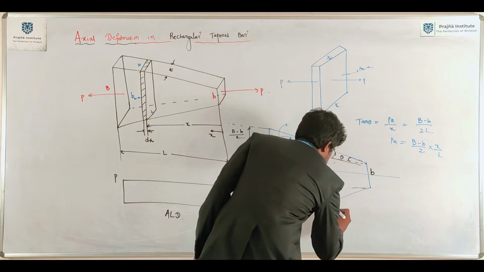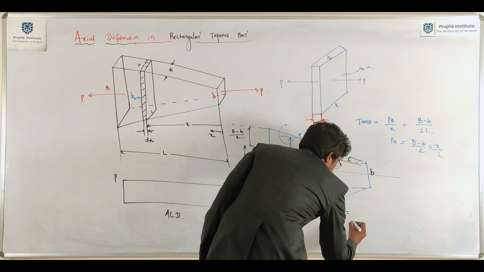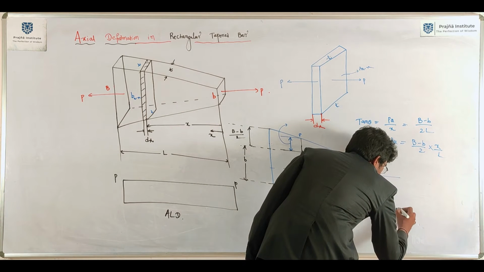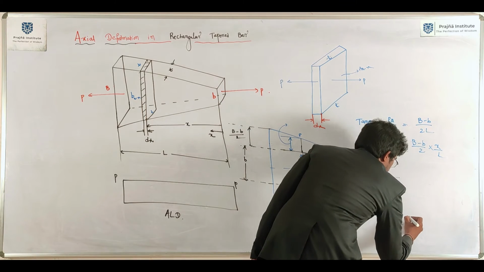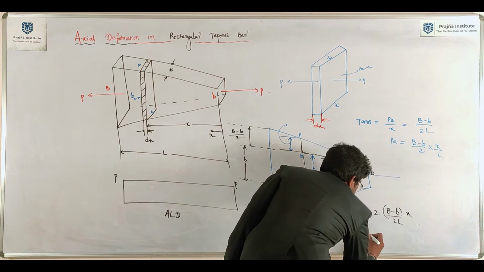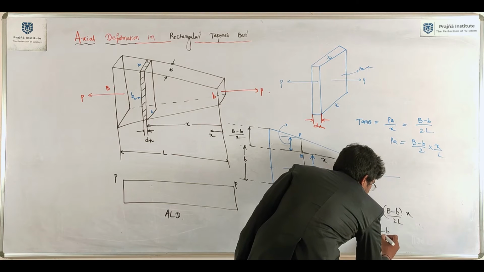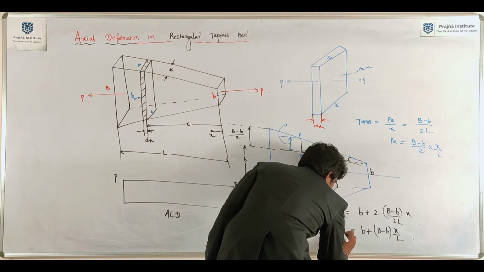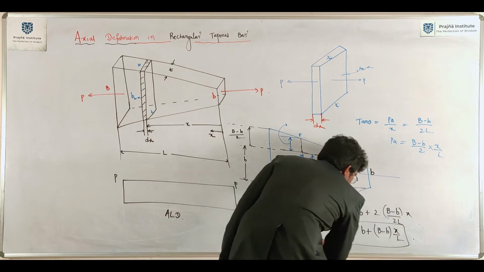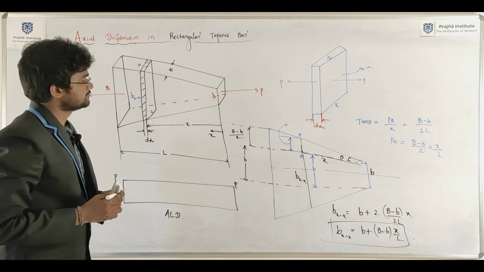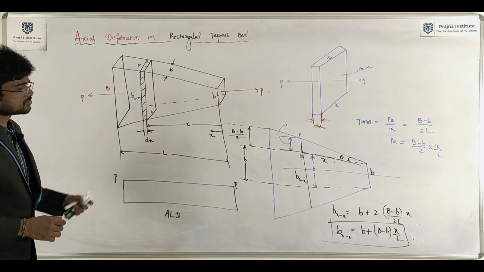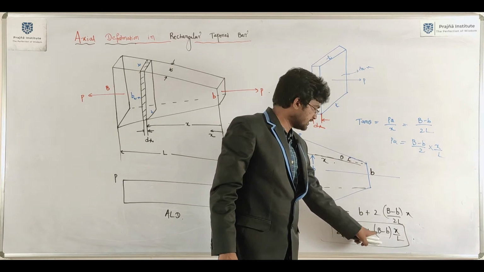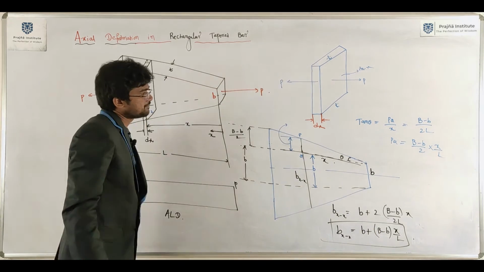Tell me. bx equals b plus 2 times (B minus b) by 2L into x. Finally, b plus (B minus b) into x by L. Just now we derived it. Okay? So dx equals small d plus (D minus d) into x by L.